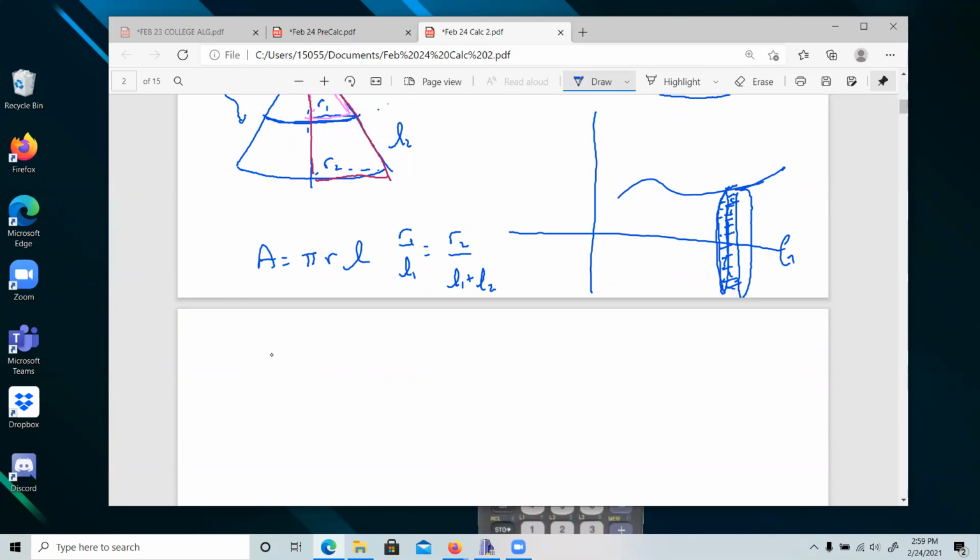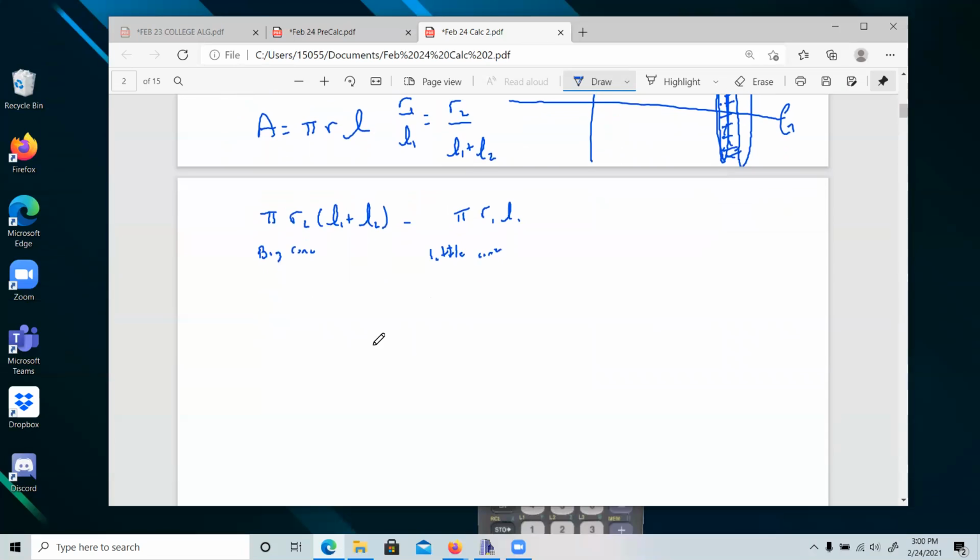The big cone was pi R2 times (L1 plus L2), minus the little cone, which is pi R1 L1. And then we're going to do a little bit of changing things around. That's my surface area of my coffee cup from Starbucks.